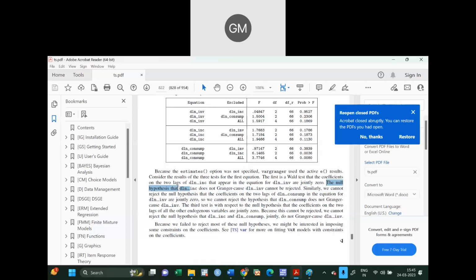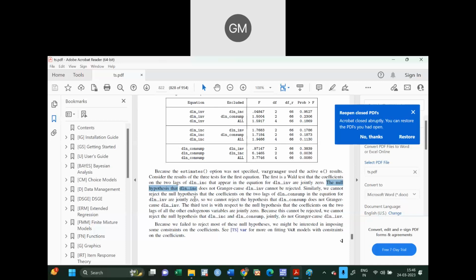The null hypothesis that D log inc does not Granger cause D log inc inf cannot be rejected.